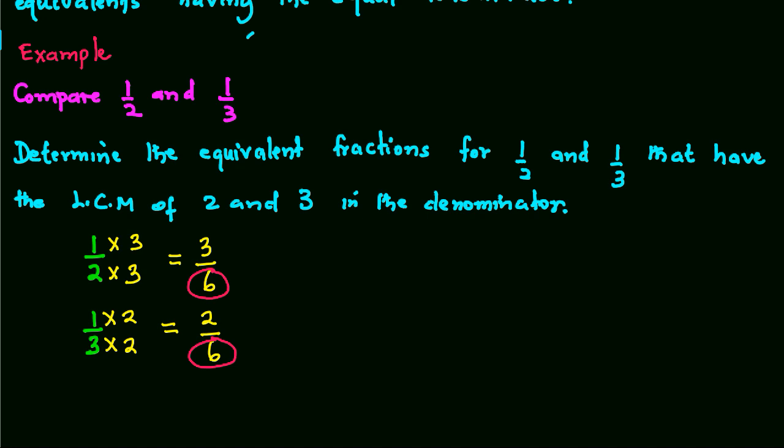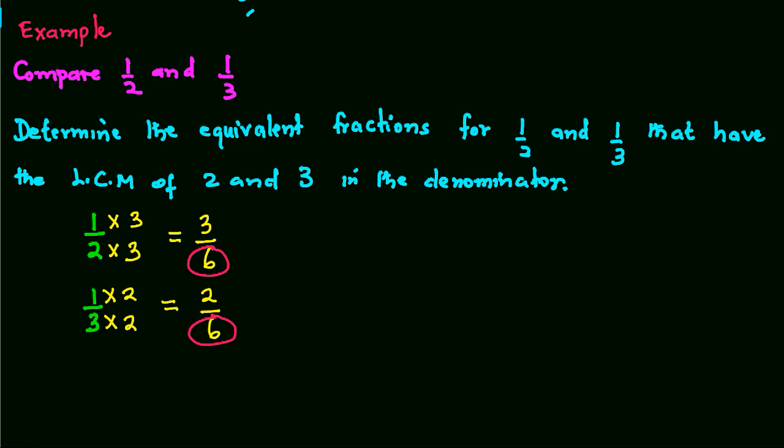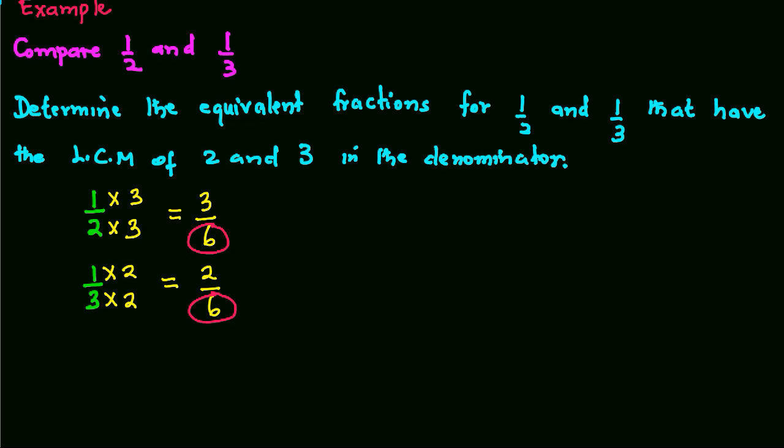So it therefore becomes easier to compare the numerators and then come up with the right decision. So here we can see that 3 is greater than 2. So therefore, we can conclude that a half is greater than a third.